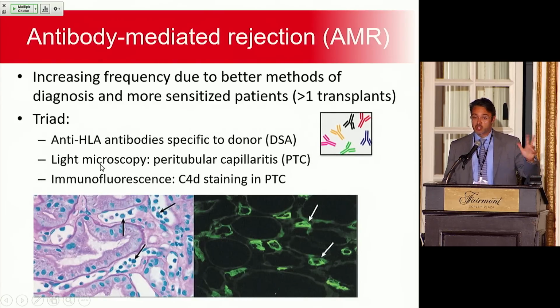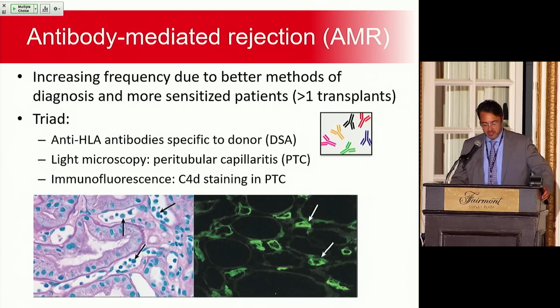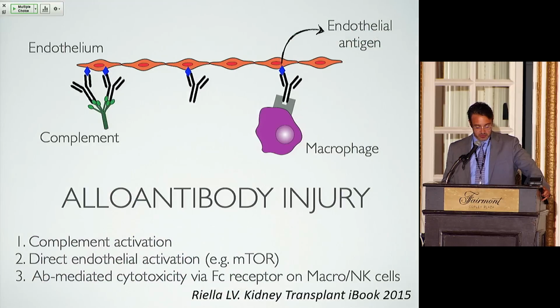So we always need that triad of donor-specific antibody in the circulation, the presence of peritubular capillaritis, as well as glomerulitis. Those are the two crucial endothelial activation markers that we see in antibody-mediated rejection. And in about 40 to 50% of patients you can have C4d staining. C4d is not a requirement, but when it's present, it also reinforces the diagnosis.